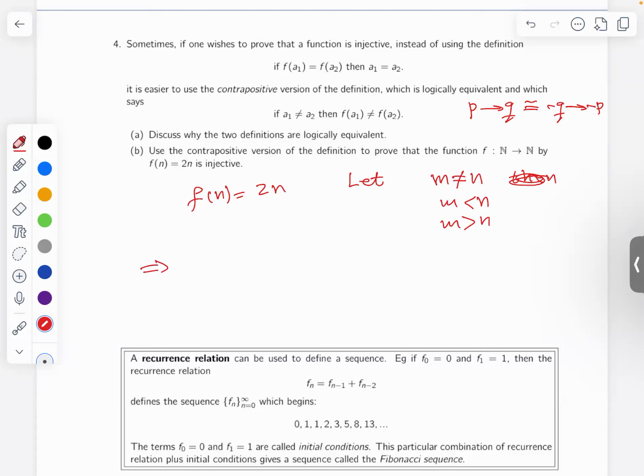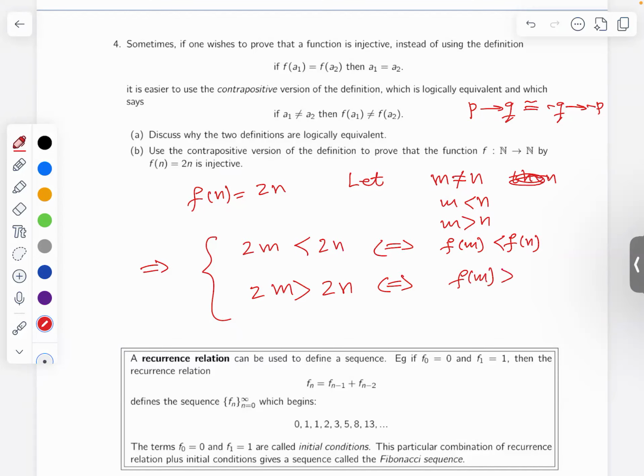Then we see that f of m, two times m less than two times n, which is equivalent to saying that f of m is less than f of n, or f of m bigger than f of n.